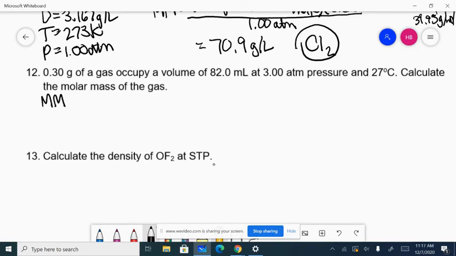So here we're looking for the molar mass. The other thing I can do with the density is calculate right off the bat its mass over volume. So it's 0.30 grams over 0.082 liters and get the density right away so I can plug it in if I want to. That's another strategy you can use. Remember, in chemistry class, there's always more than one way to solve a problem.